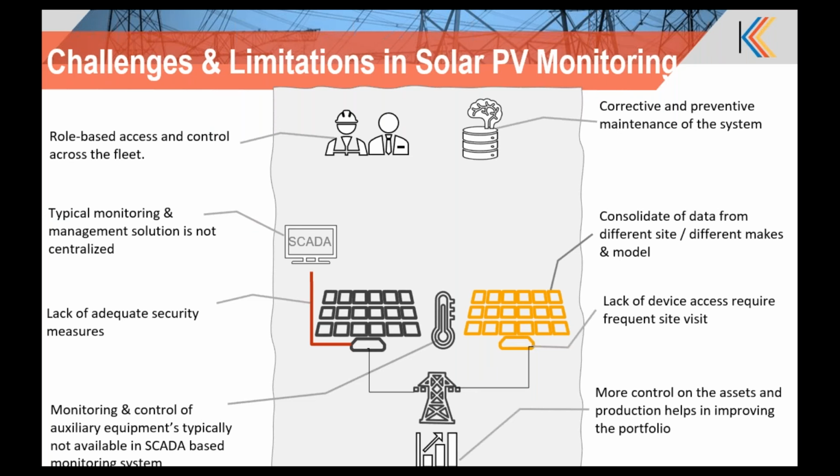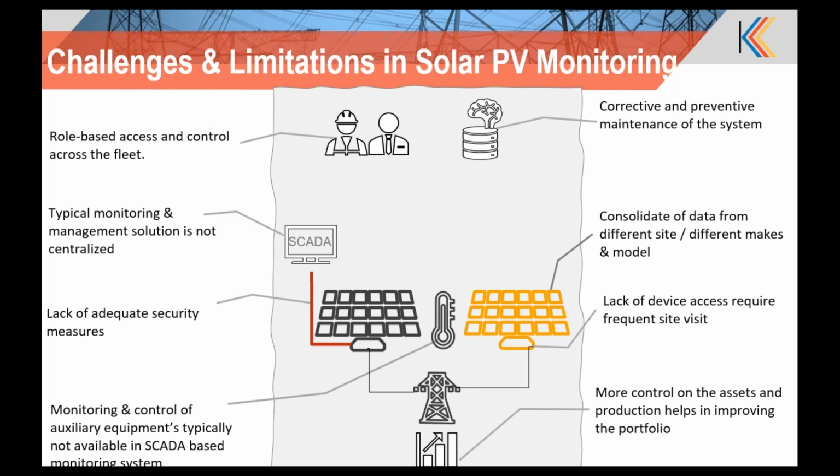There could be limited role-based access and control across the fleet. It means the system exposes data not specific to user roles or the privileges they have in the organization. For example, the asset owner, the management or CFO needs to view a different set of data compared with a site administrator or a maintenance engineer.